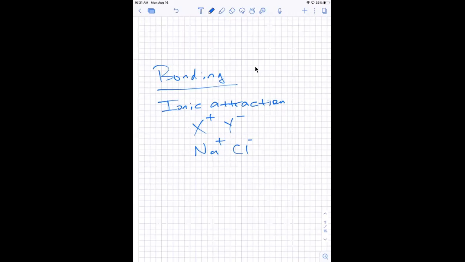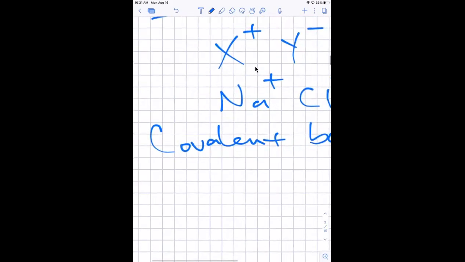But then there are also covalent bonds. Those bonds are called covalent bonds because the prefix co means share, right?